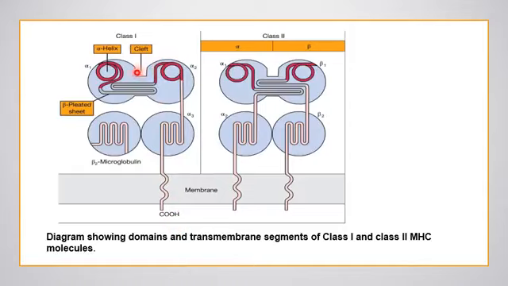Here we've got the groove of the MSC class 2 that will lead to release when the antigen. Well, in MSC class 1, you have to know they express the virus and the cancer on the cell surface.